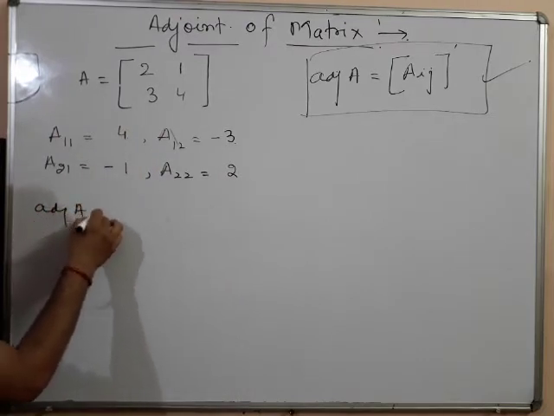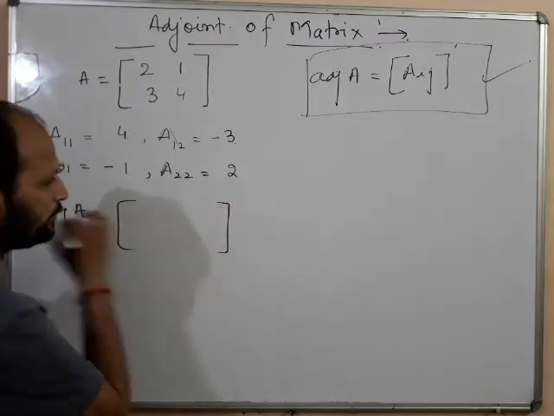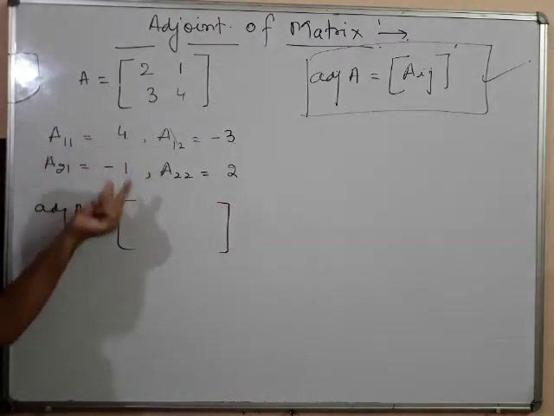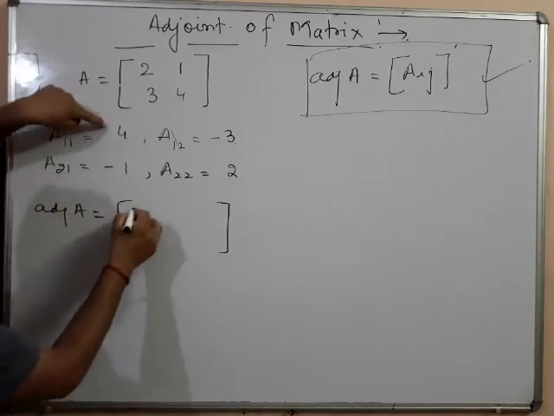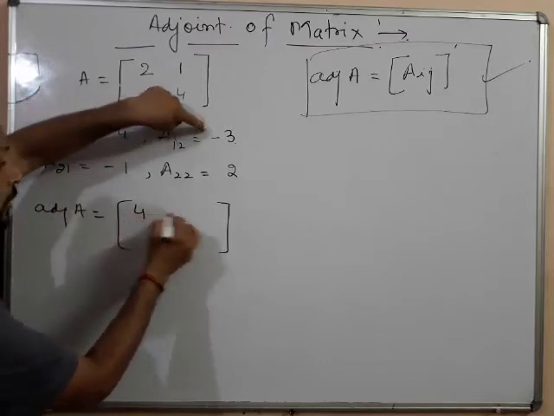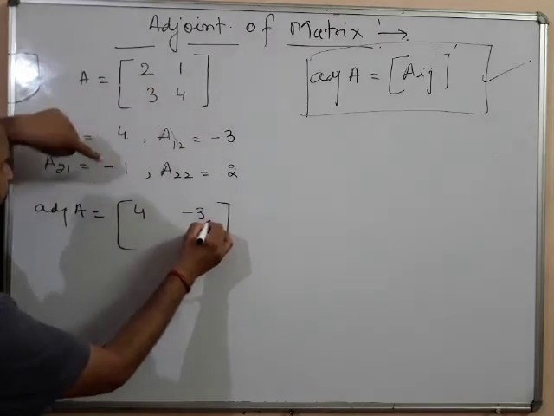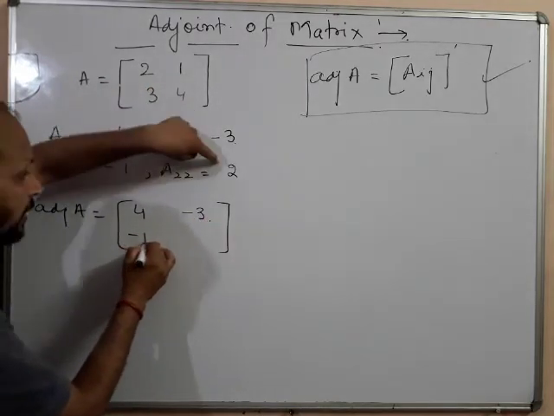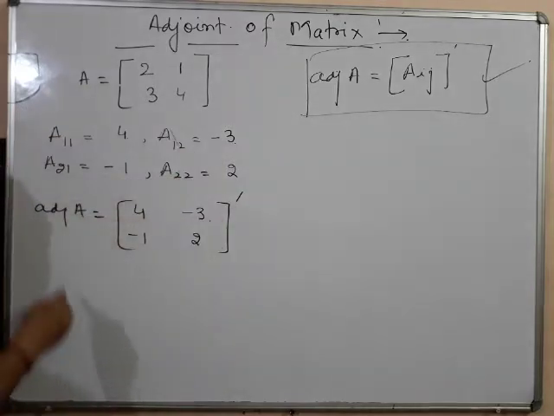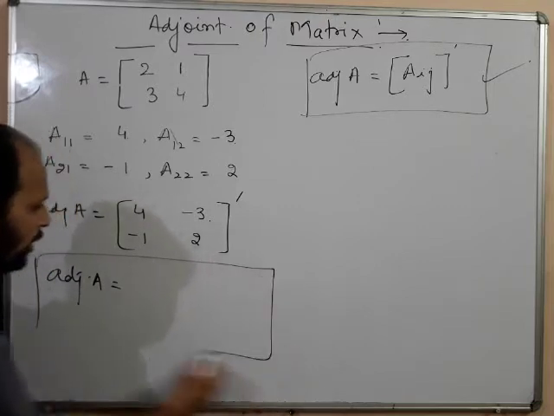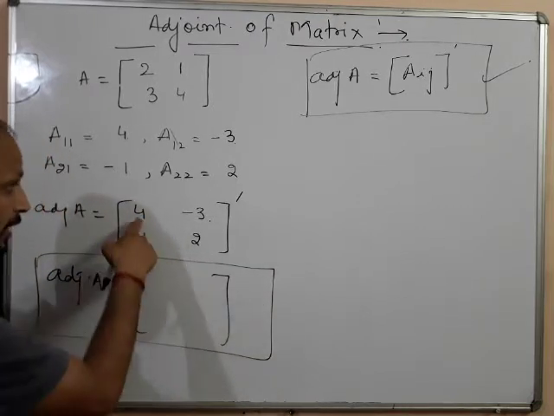Now the adjoint of A is equal to, whatever cofactors came, write them at their specified positions first. Clear? That is 4, minus 3, minus 1, 2, and its transpose. So the adjoint of A is equal to its transpose.